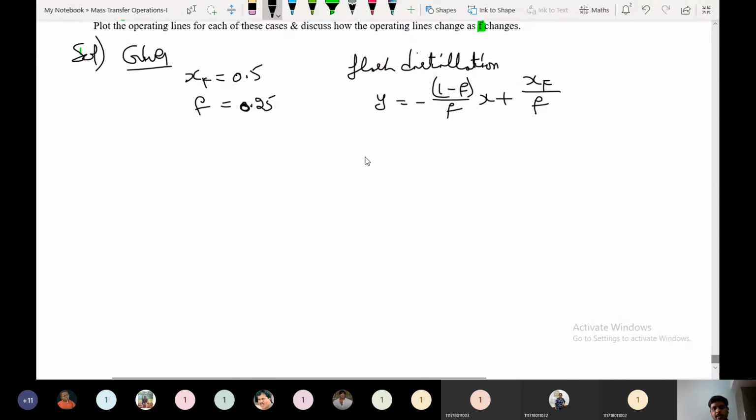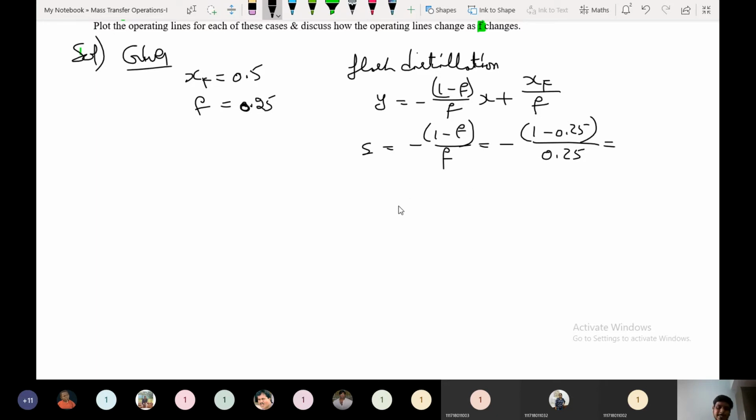So now we will calculate what is slope. Slope is equal to -(1 minus f) divided by f, which is -(1 minus 0.25) divided by 0.25. 1 minus 0.25 is 0.75 divided by 0.25. Okay, some value you will get. So we need to equate that to tan theta.